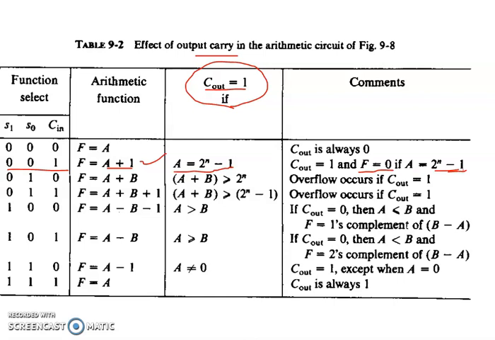That is, you will have an output in which all the bits are equal to 0. So if Cout is equal to 0, A will not be 2 raised to n minus 1.